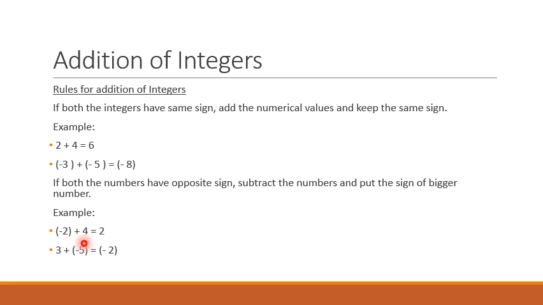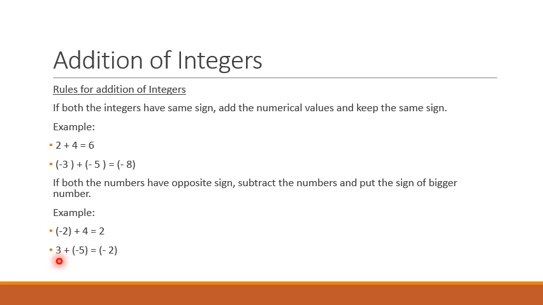The two numbers have opposite signs, so we have to subtract the numbers. 4 minus 2 will give me 2. Here the bigger number is 4, which is a positive number. So the answer is also positive. So minus 2 plus 4 will give me plus 2.